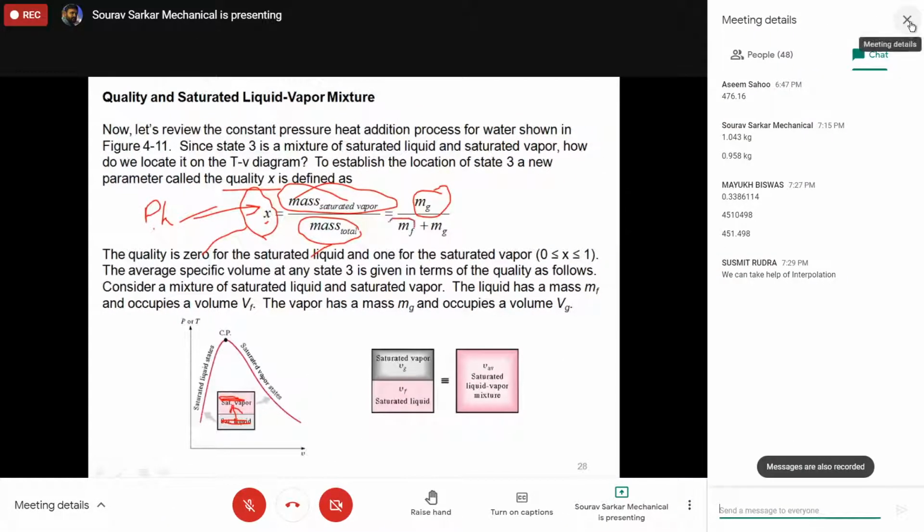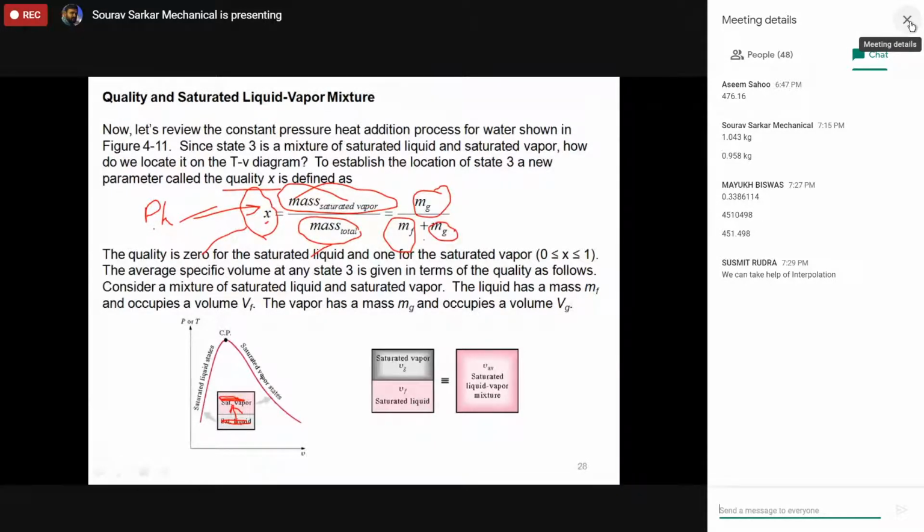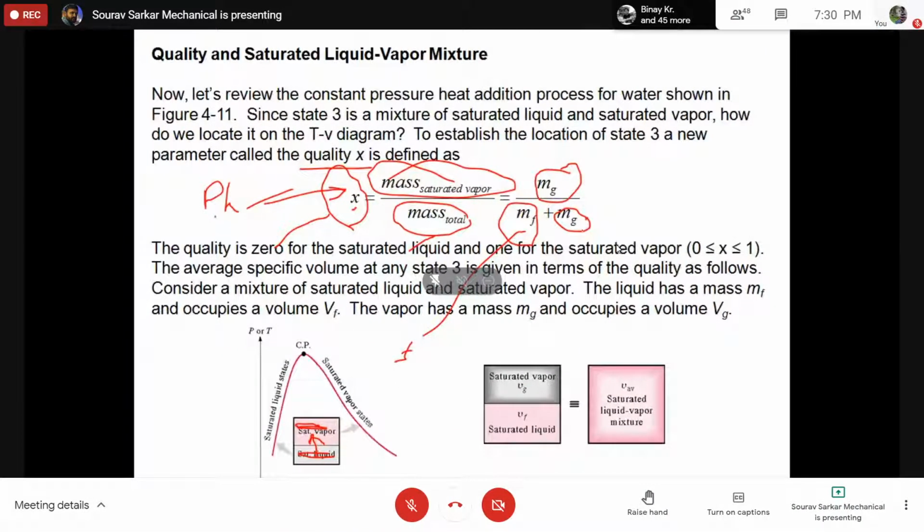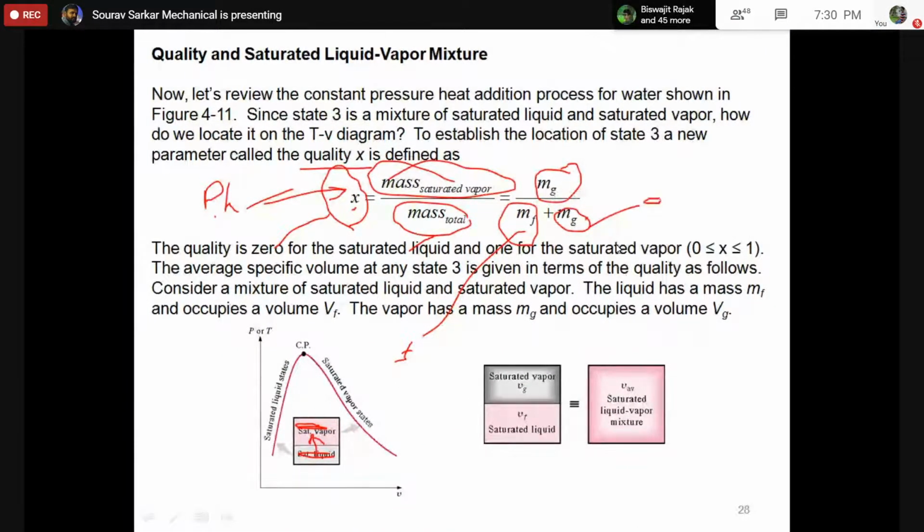You can consider F means fluid and G for gas. So this will be something easier for you. Whenever you talk about G, G means saturated vapor. Whenever you talk about saturated liquid, it will be fluid, so it will be F.